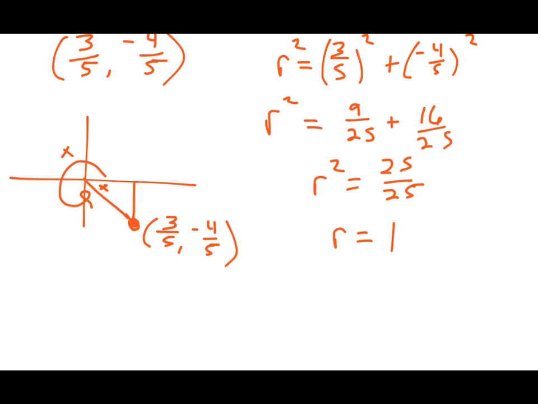Okay, so then we know that a is 3/5, b is negative 4/5, and r is 1.